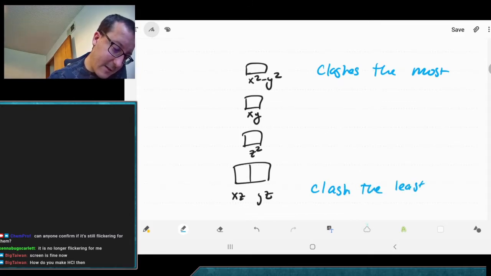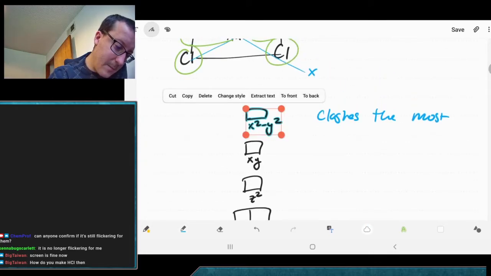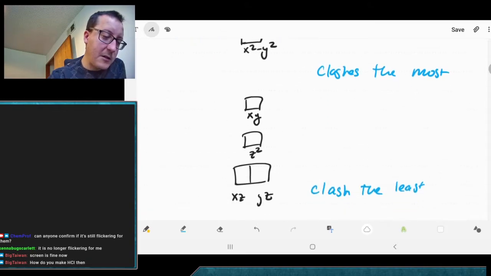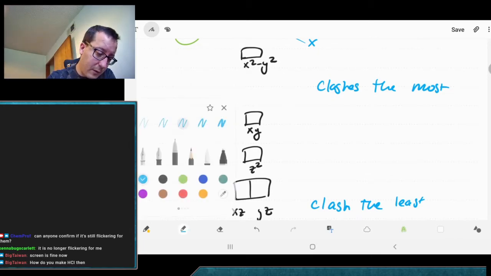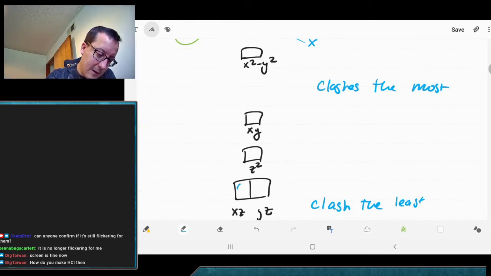And in fact, typically your x squared minus y squared is quite a bit higher than your xy. So when you see these d8 complexes and we put in our electrons, we're going to end up filling all the way up to xy, but we're not going to put them into x squared minus y squared. That one just has way too much energy.